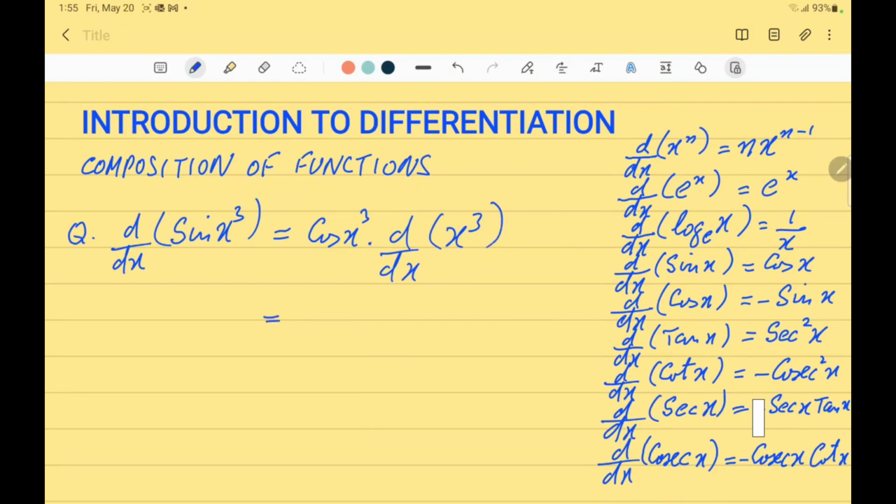So the final answer will be cos x cube into 3x raised to power 2. You can write it like 3x raised to power 2 into cos x raised to power 3.